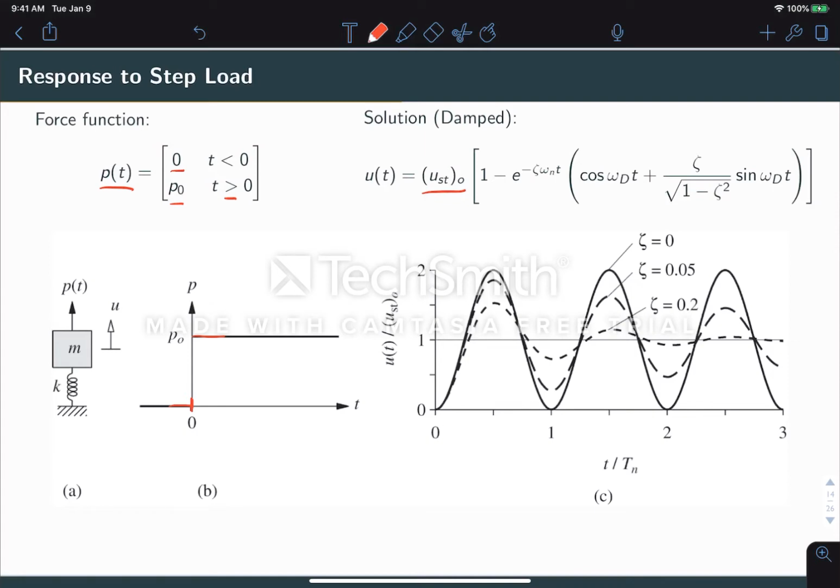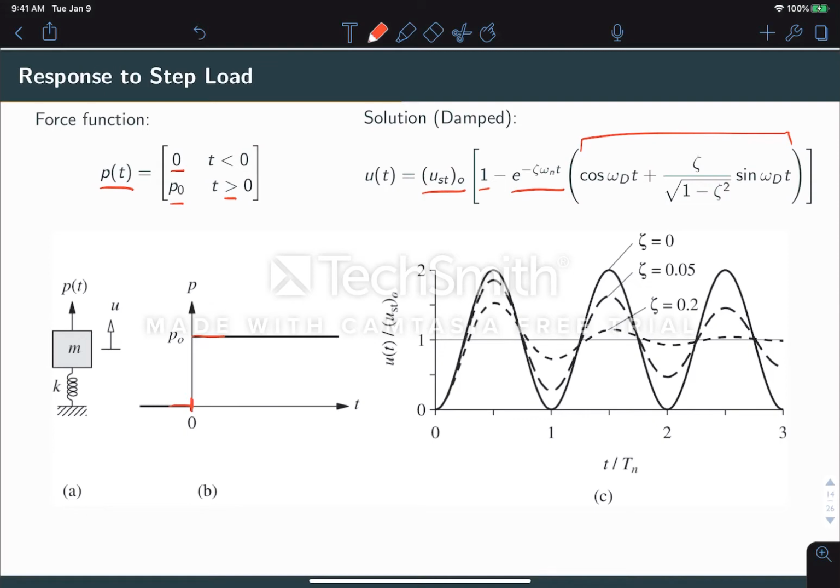And that static displacement will be multiplied by 1 minus some damping envelope, exactly the same as the free vibration situation, and then some oscillating function in terms of cosine and sine. Okay, so in essence, what we get is that the response actually oscillates around 1.